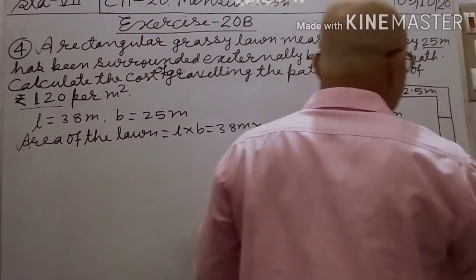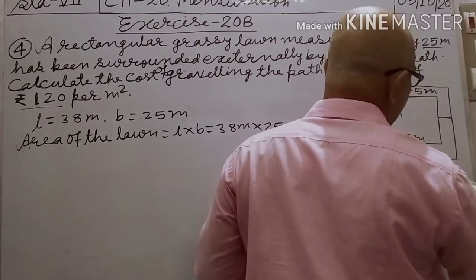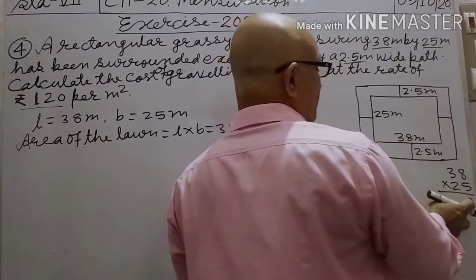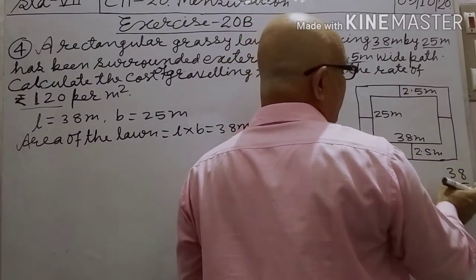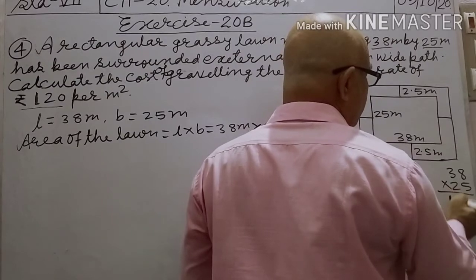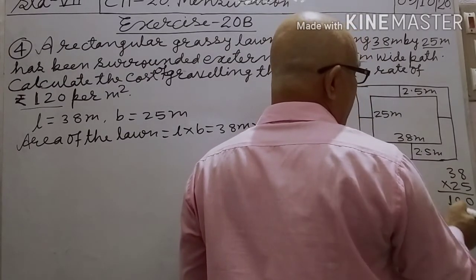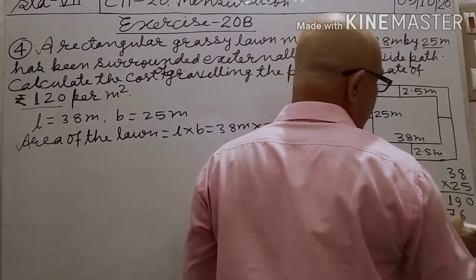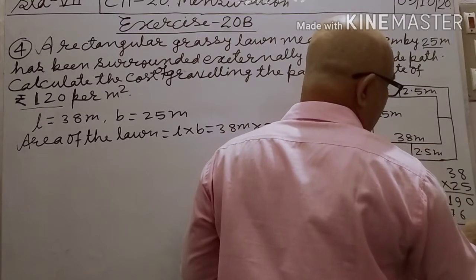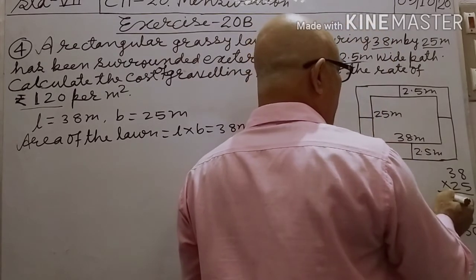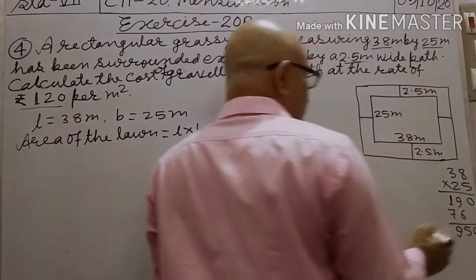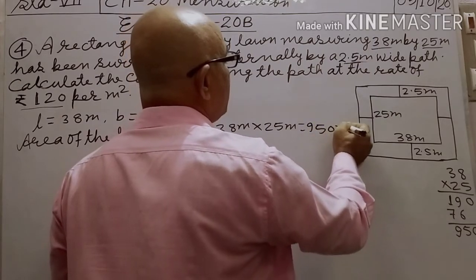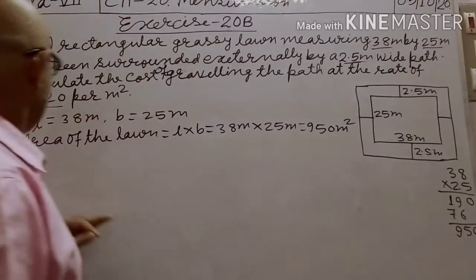Multiply 38 by 25. 8 5s are 40, 0 carry 4. 3 5s are 15 plus 4, 19. 8 2s are 16, 6 carry 1. 3 2s are 6 plus 1, 7. Equal to 950 meter square.